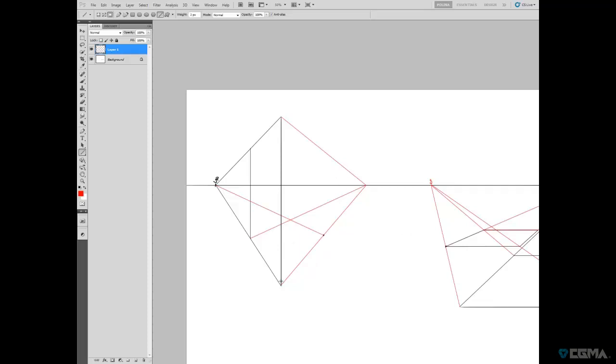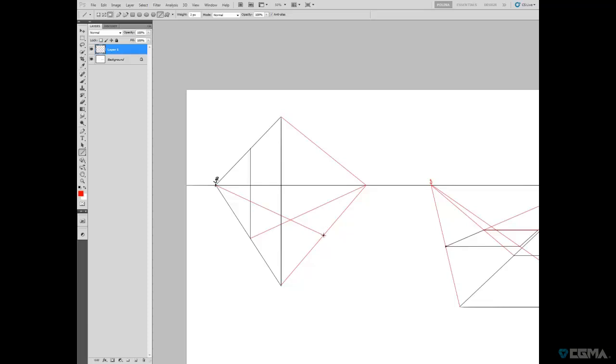Now, we know that parallel lines converge to the same point, so I drew from the point to our vanishing point. And that gives us where it crosses the bottom of this line. It gives us the depth of our plane.